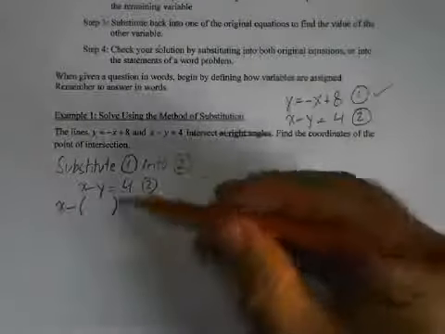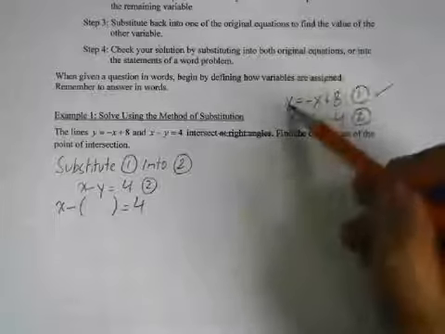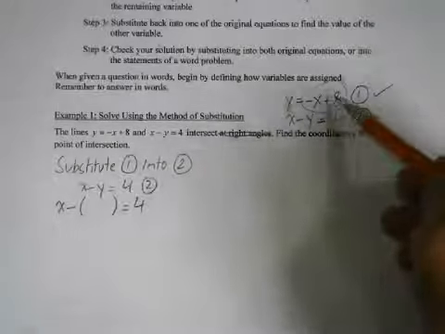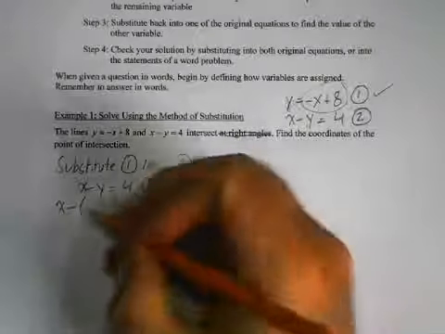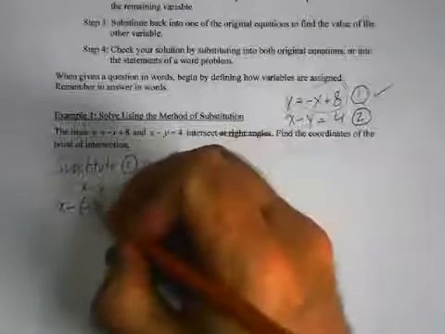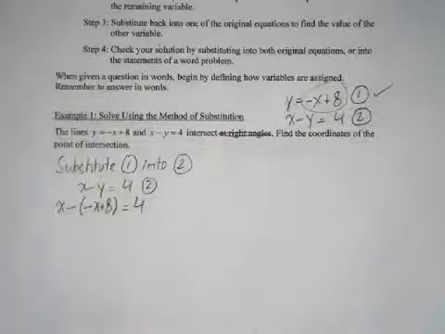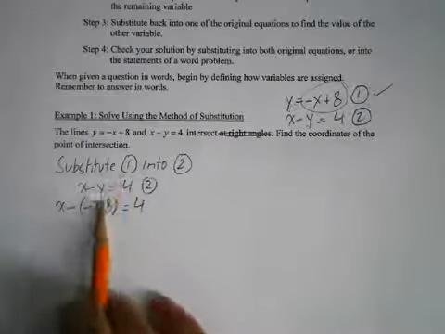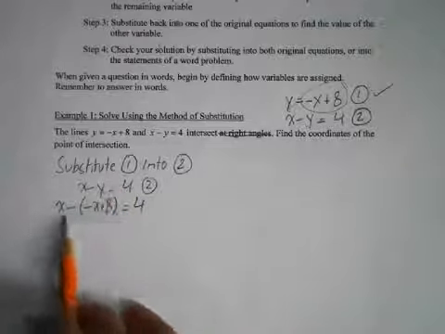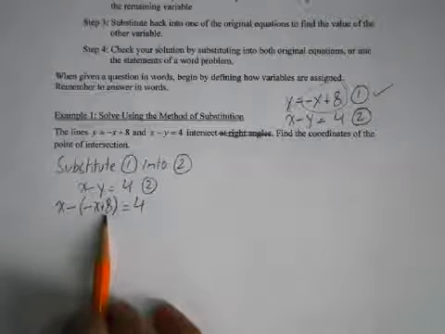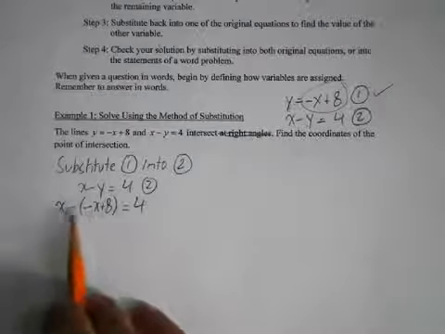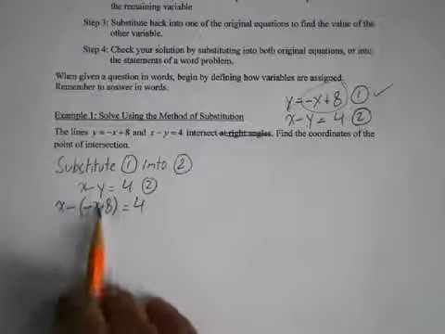Then we substitute the value of y from equation 1, which goes right inside the brackets: negative x plus 8. And you notice equation 2 has changed from having two variables, x and y, to just one variable, x. So this is now a linear equation that we can solve for x.